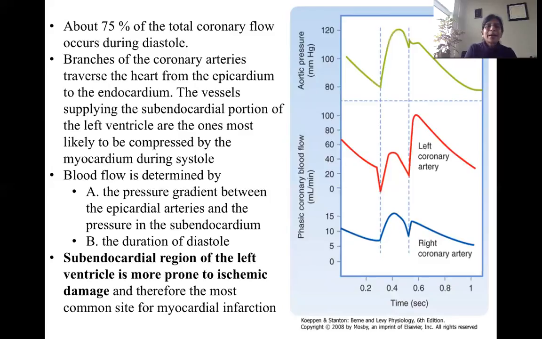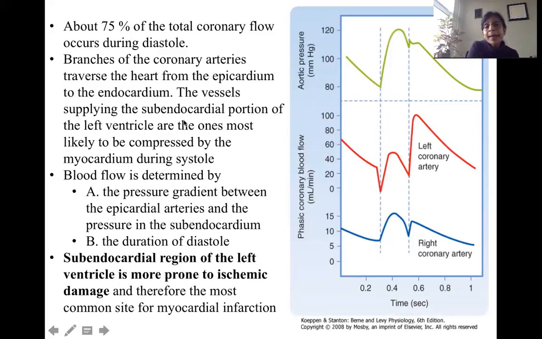mode. All right. A branching of the coronary arteries travels the heart from the epicardium to the endocardium. So from the outside to the inside is how the vessels grow into the heart, and therefore the deeper parts are the ones that are affected more.